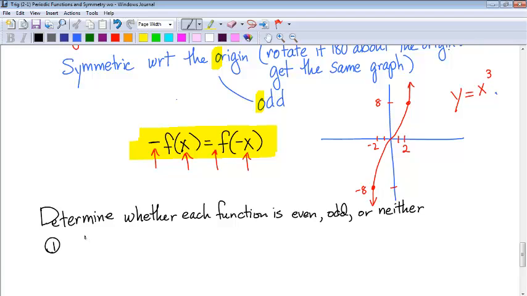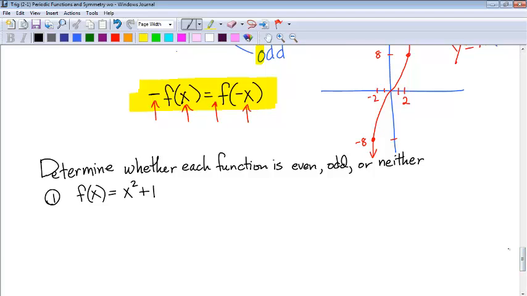Say I give you f of x, remember that's the same as y, f of x equals x squared plus 1. What you have to do on every one of these is substitute in, everywhere you see an x, the opposite of x or negative x. So take your original, and everywhere you see an x, substitute in a negative x or opposite of x, and simplify it. If you take a negative x squared, it would still be positive x squared plus 1.